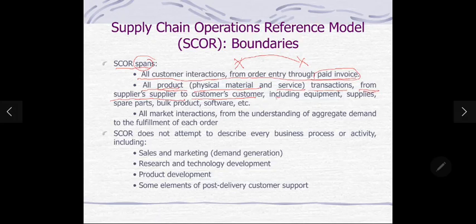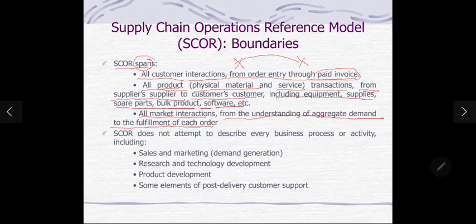And this includes the equipment, supplies, spare parts, bulk products, software, anything in between. All market interactions, from the understanding of aggregate demand to the fulfillment of each order. So it covers basically the planning side, from making an aggregate plan that we already took in the operations management course, up to the actual delivery of the product.